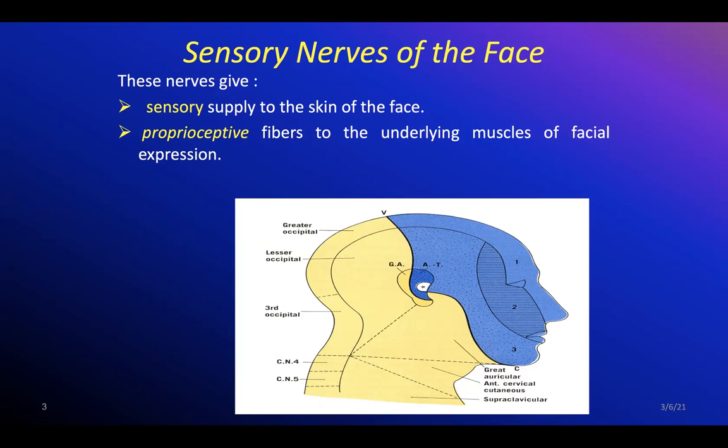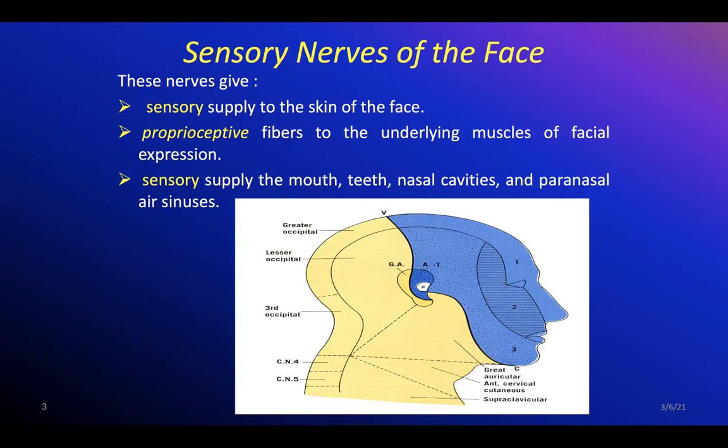So fibers to the underlying muscle of the facial expression. وعندنا another sensory اللي هو supply the mouth, the teeth, nasal cavities and paranasal sinuses. يعني mucosal surfaces.